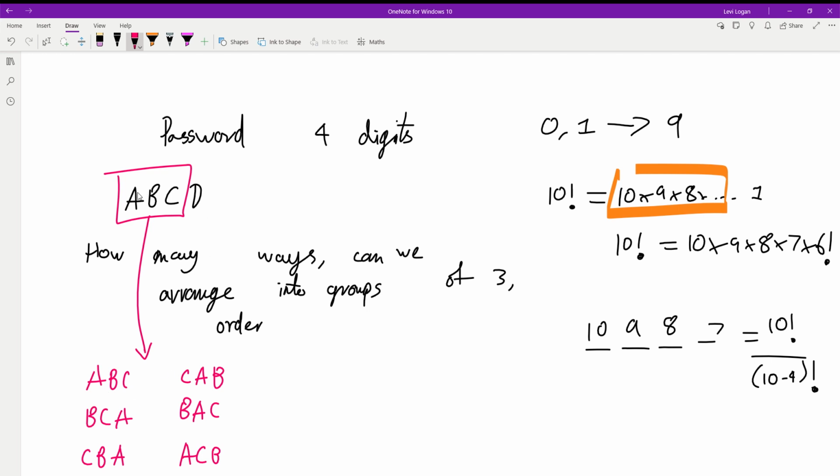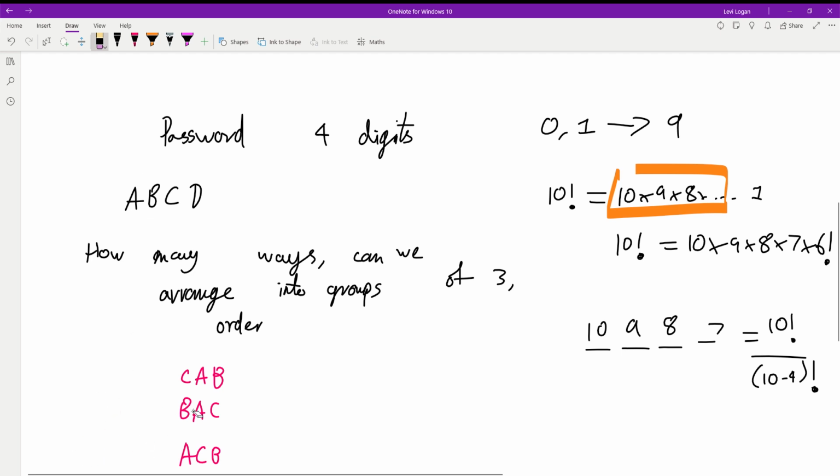Now you can do this with each of these, like you can do it with this pair, and then you can do it with this pair here, but that'll take forever. What we can actually do is we can work this out straight away. So let's consider our previous problem. We had 4 things here.